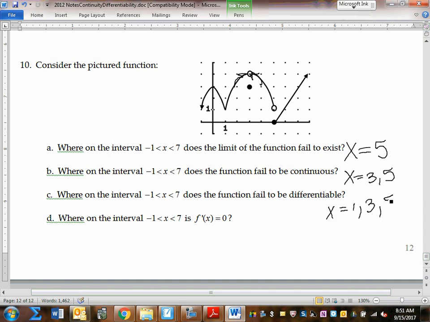Why did 1 enter the picture? Because it's a cusp. Good. And where on the interval do we think our derivative equals 0? At x equal to 0, yeah. So we know that a derivative equal to 0, a line with slope 0, is just that horizontal line.